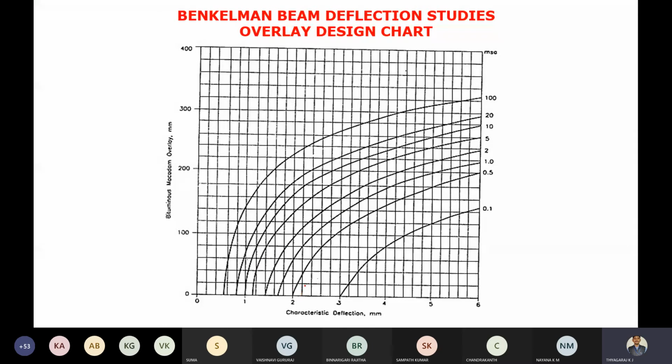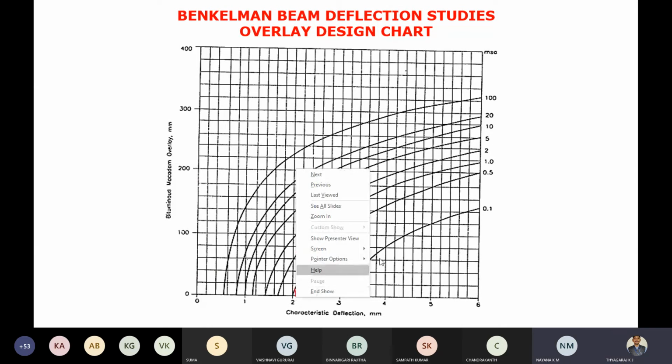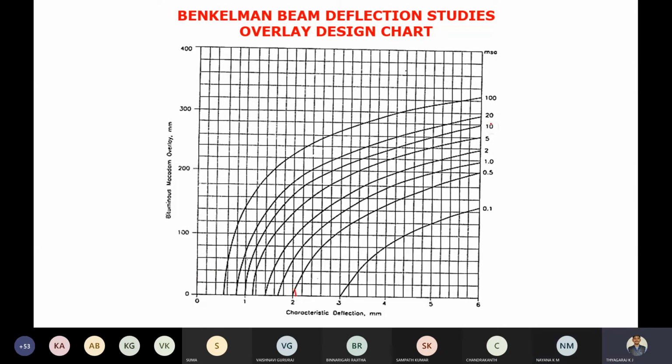The deflection is 2.15. Traffic is 20 or 30; it is 29.5. We have only 20 and 100, so we will take in between these two. We will draw a line like this, and we are going to interpolate.